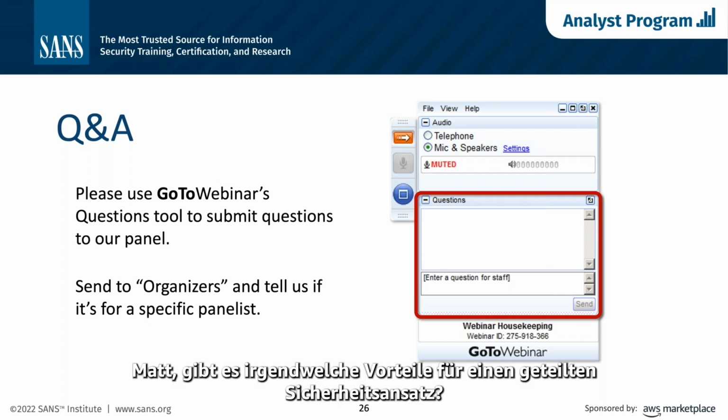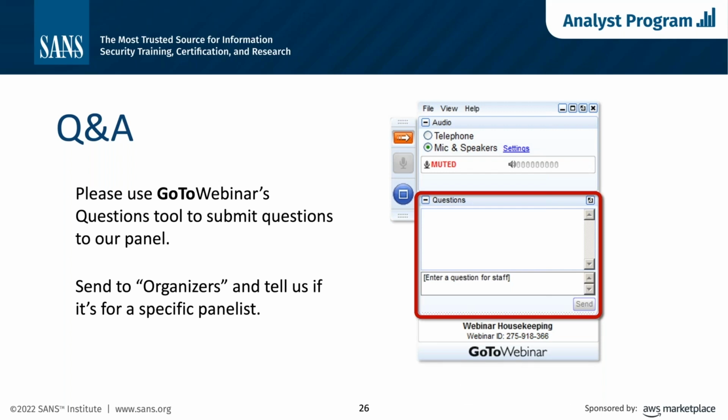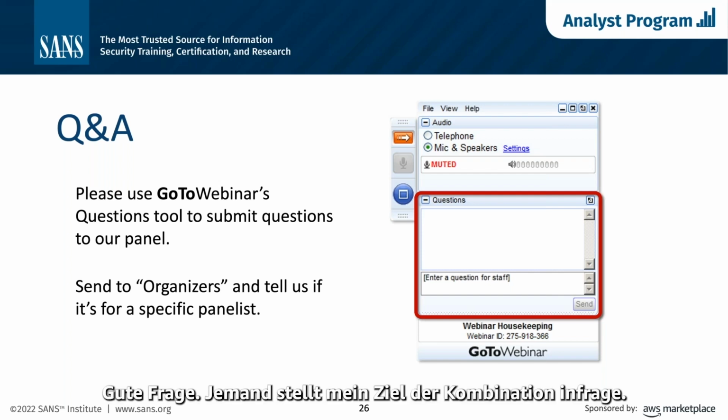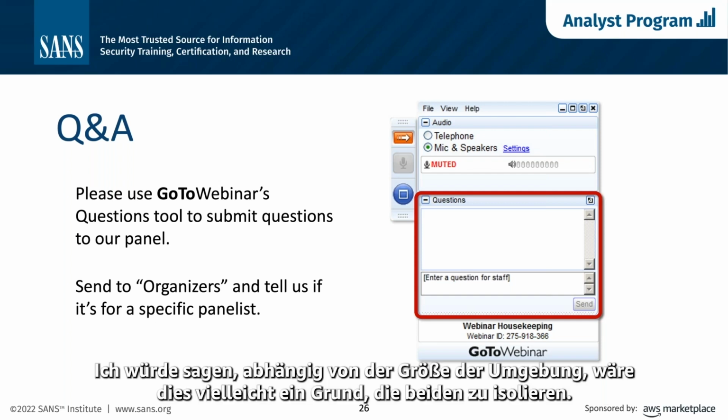Matt, are there any benefits to a divided security approach? Let cloud be cloud and on-prem be on-prem. Oh, good question. Someone's going after my goal of combination. Personally, depending on the size of the environment would maybe be one reason you want to isolate the two.